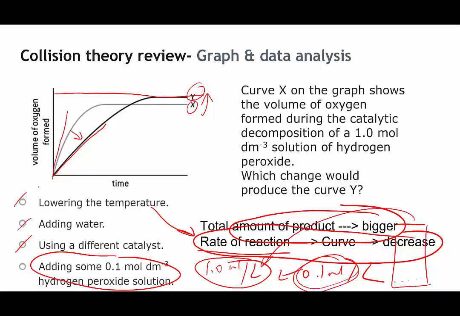Therefore, your rate of reaction will get slower because you are diluting it, lowering the concentration from 1 going down, and in the end, you will have a bigger amount of product being produced because you are adding to your initial reactant as well. That's why you will have a larger amount of your final product.